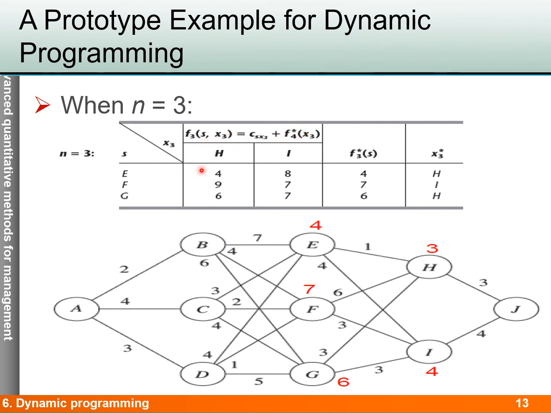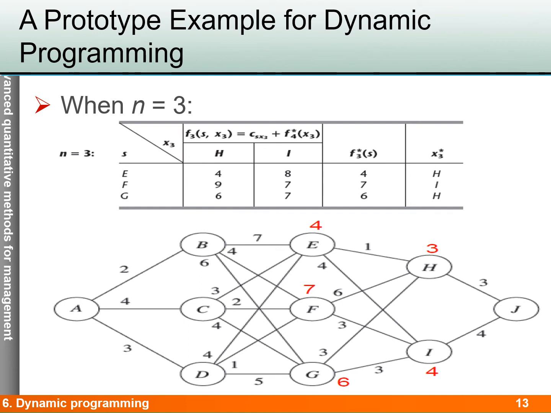So we are in the states E, F, and G, and we want to make a decision of the X3. What are the X3? The items that are coming from stage 4, H and I.